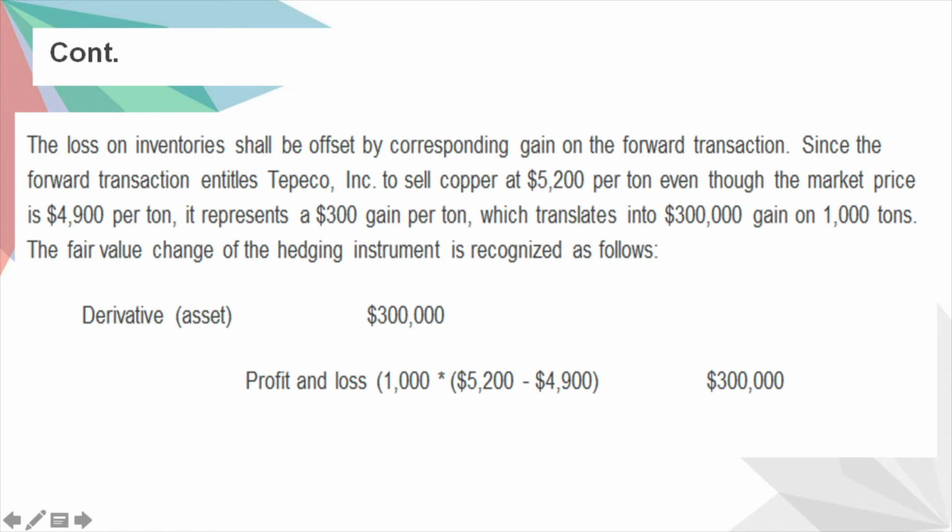The fair value change of the hedging instrument is recognized as follows. Debit derivative asset $300,000, and credit profit and loss: $5,200 minus $4,900, multiplied by 1,000, gives $300,000.